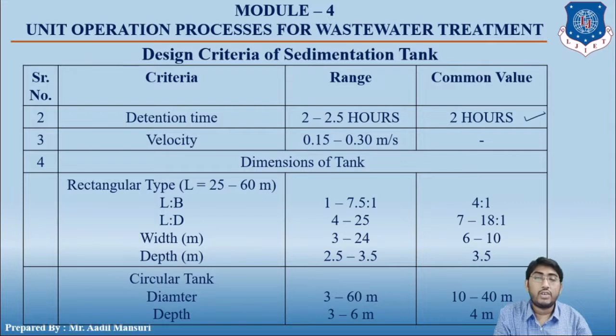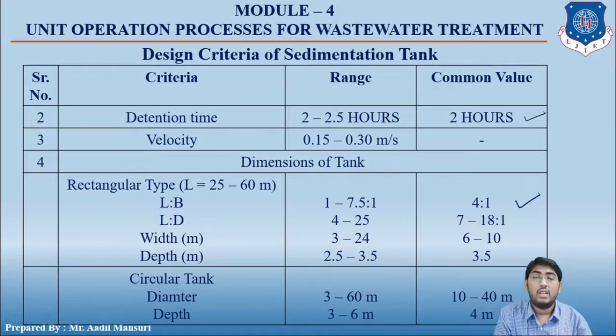Then dimension of the tank. For rectangular type, length should be between 25 to 60 meters. Then length to width ratio should be between 1 to 7.5 is to 1, and the common value you can go for is 4 is to 1.